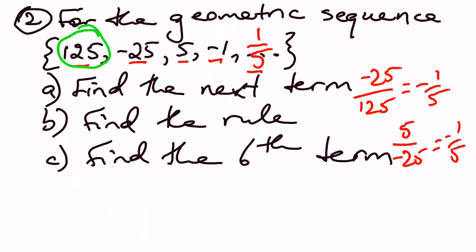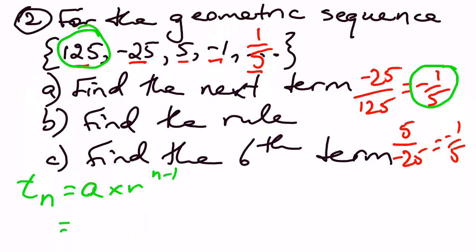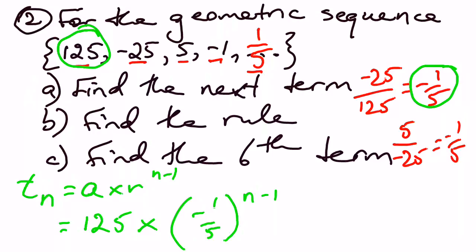Here's A. And here is R. Alright, so just to remind you, my general rule is this: A times R to the power of n minus 1. So A is 125, and R, I'm going to put it in brackets, is negative 1/5 to the power of n minus 1. That's all I do.